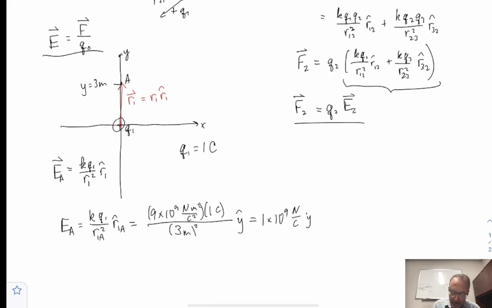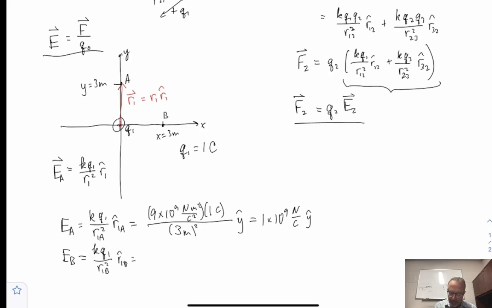Alright, so let's do another one. Let's do the same thing, but now at x equals 3. This will be point B. X equals 3 meters. The electric field at B, K Q1 over R1B squared, R1B hat. Maybe you see this is going to be exactly the same.